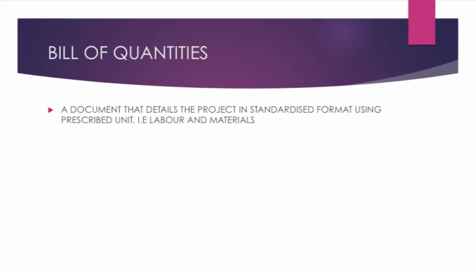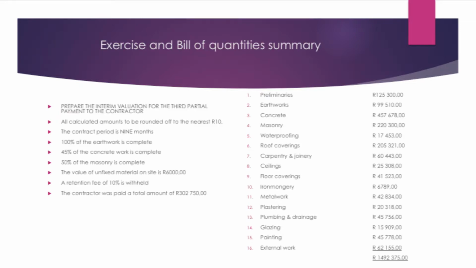So this is the final document that will prescribe how much the project will cost. We call it a bill of quantity. And moving to the next slide, that is where we will now be dealing with the exercise and the bill of quantity summary.